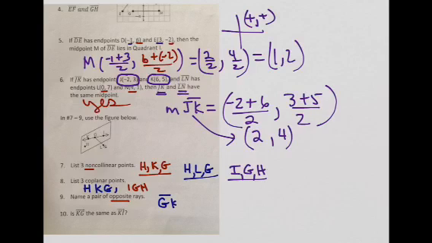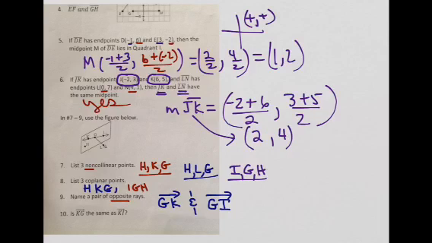The arrow goes to the right. Even though on the picture it might not go to the right, we always draw the arrow to the right. And then the opposite, so GK and GI. Those are opposite rays.